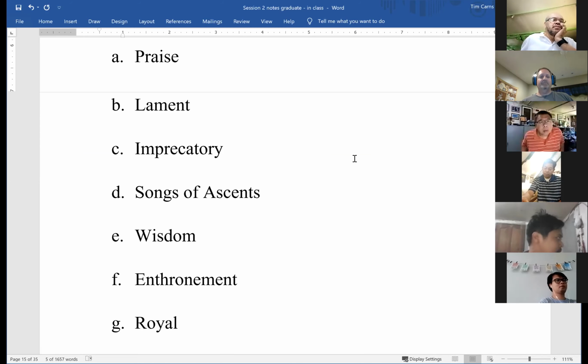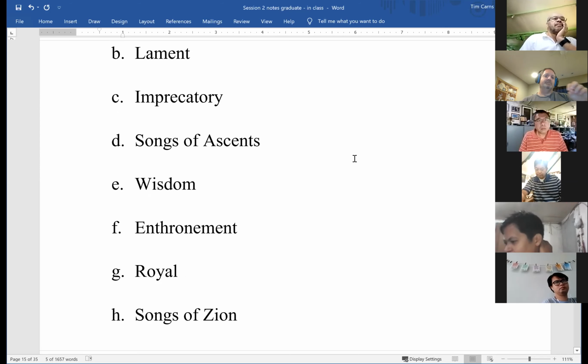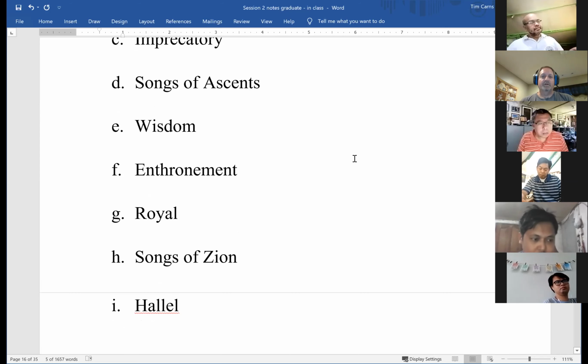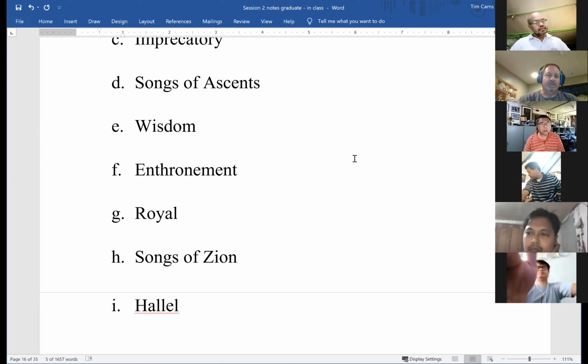Royal psalms are usually focused on a human king, sometimes the Lord, but some event or occasion that happened in the life of one of the kings. Songs of Zion are psalms focused specifically on the temple, on Jerusalem. And then the Hallel psalms, those sung during the festivals, particularly Passover, Psalms 113 to 118.